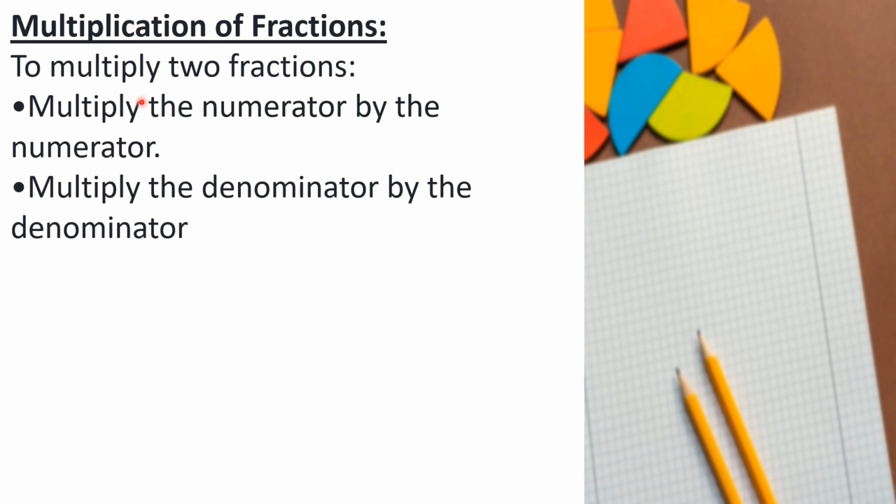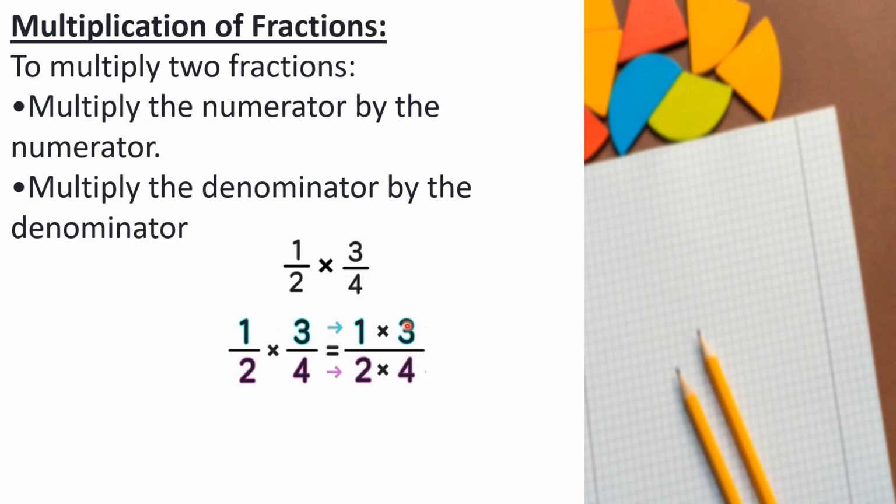How to multiply two fractions? To multiply two fractions, first I multiply the numerator by the numerator, second I multiply the denominator by the denominator, and finally I simplify if possible. 1 over 2 times 3 over 4, multiply the numerators and the denominators, so our final answer is 3 over 8.